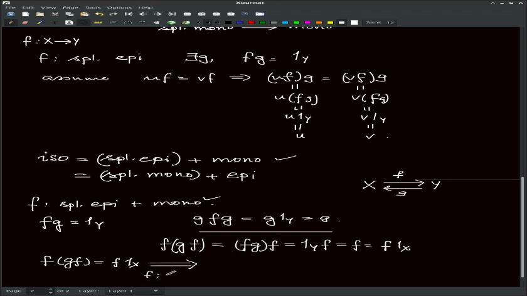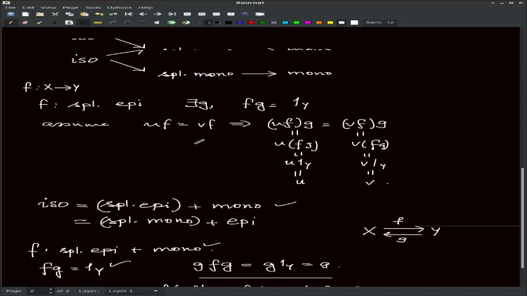So it tells me I can cancel F from the left hand side. So GF is 1X. From the definition of split epi we got this. From the fact that F is a mono we got this. So that tells us that F is an iso. So the picture is this.